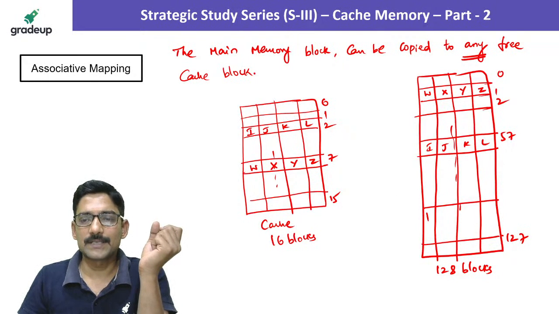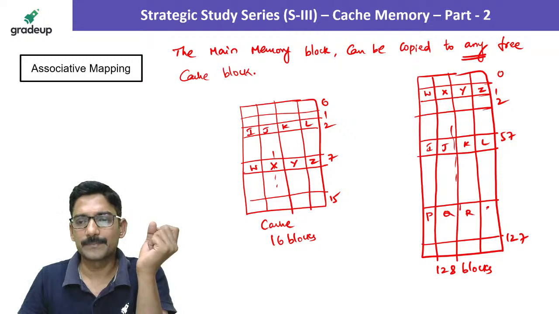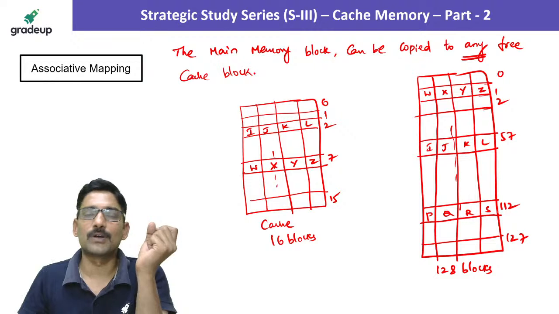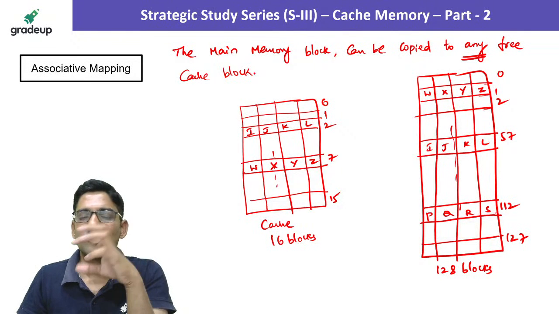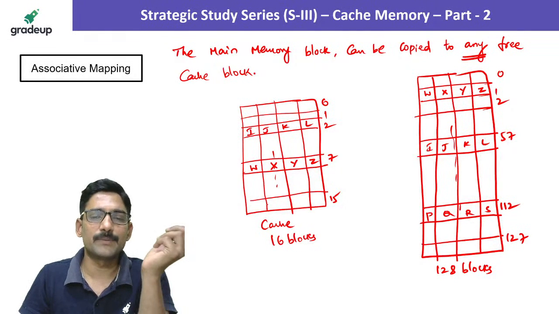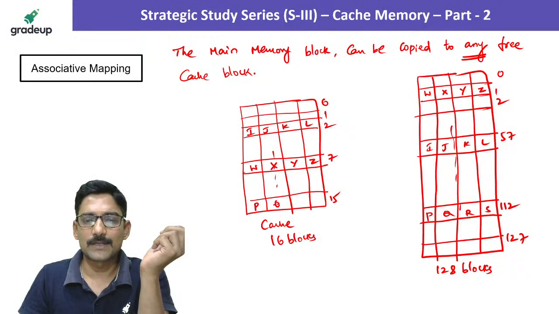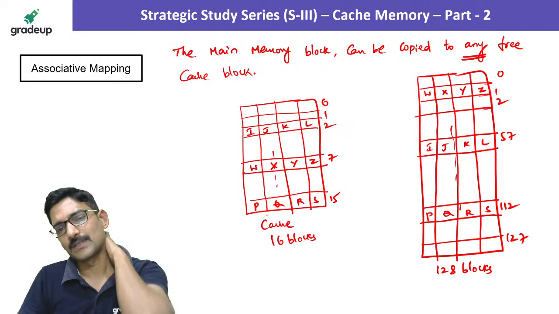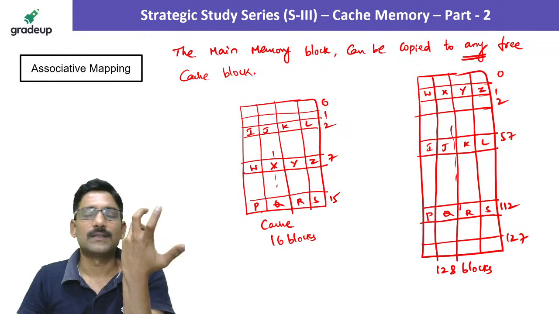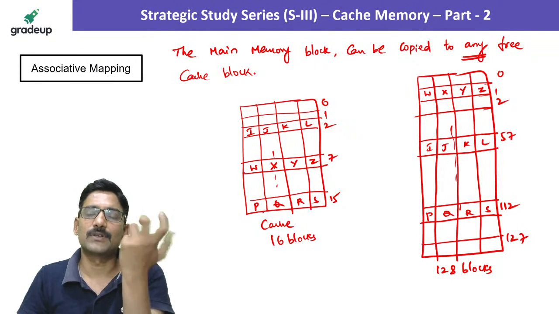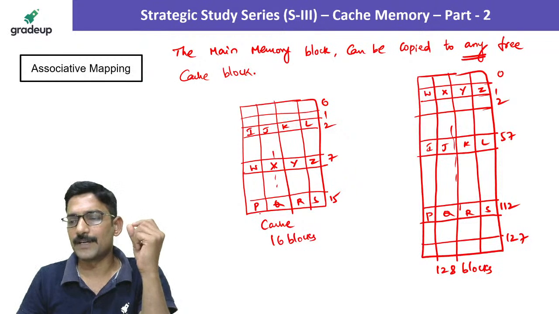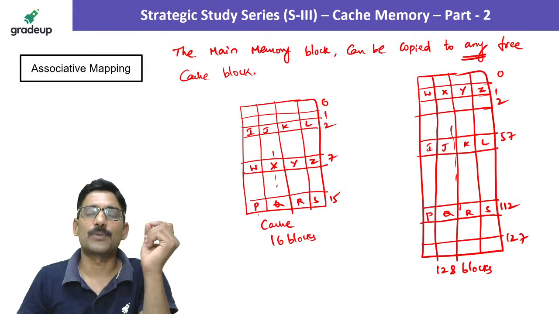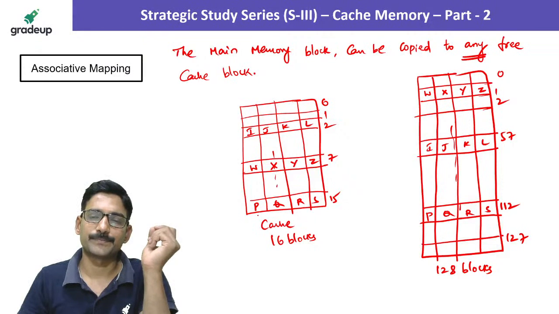Similarly, let's say the CPU is requesting P from block 112, and it can be copied in any free block. So PQRS I am copying in block number 15 in cache. Sir, how did you decide? I have chosen randomly because I have the freedom to copy in any free block.